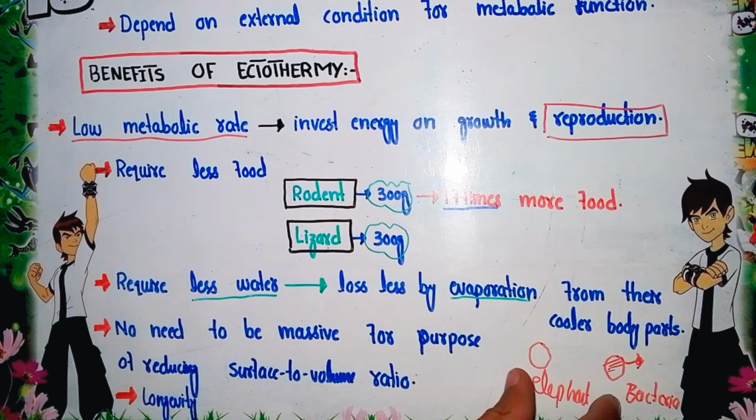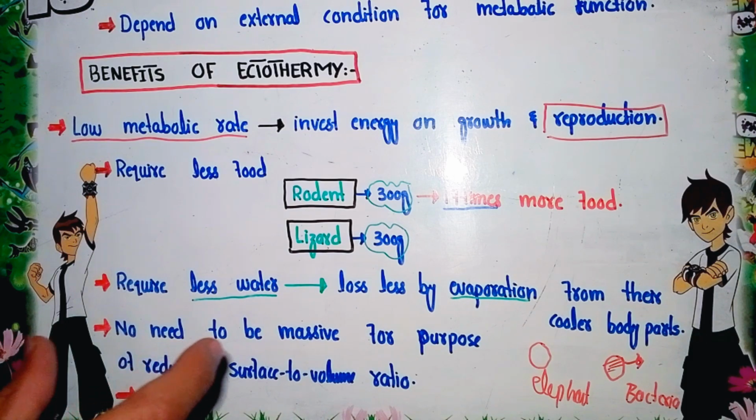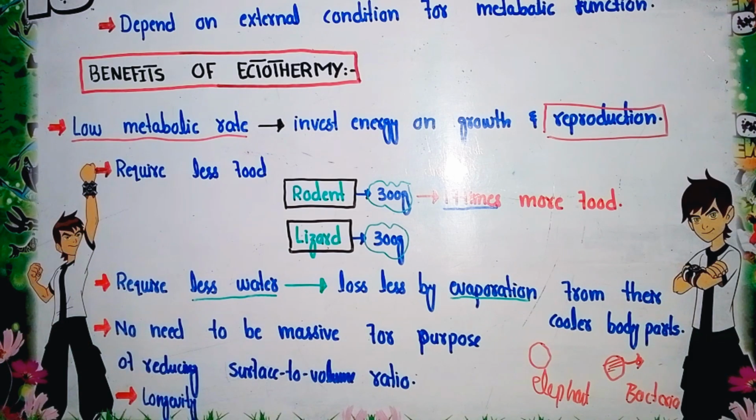So the elephant cell has a less surface to volume ratio, so that's why the loss of heat will occur less from the cell of the elephant. The same case happens here. As compared to the endothermic animal, ectotherms are small in size. Due to small size, they have a large surface to volume ratio, due to which they can easily lose heat from their body.